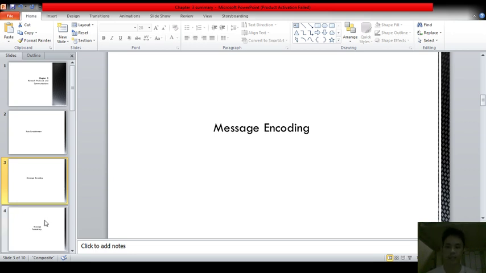So next is the message formatting. When a message is sent from source to destination, it must use a specific format or structure. When a message is being delivered to a receiver, there must be a standard or uniform format or structure of the message.